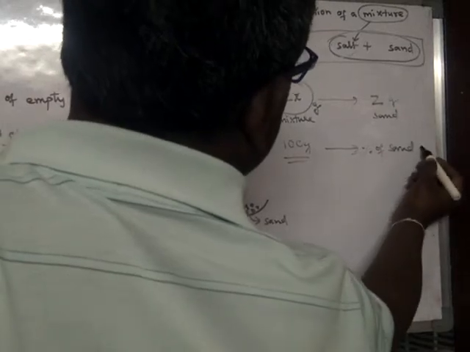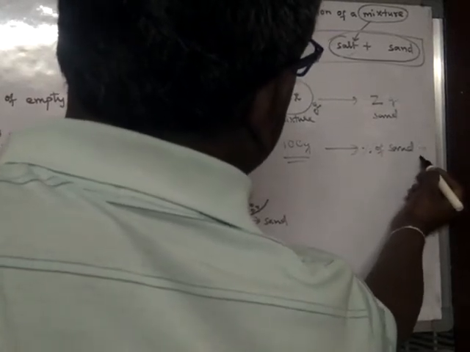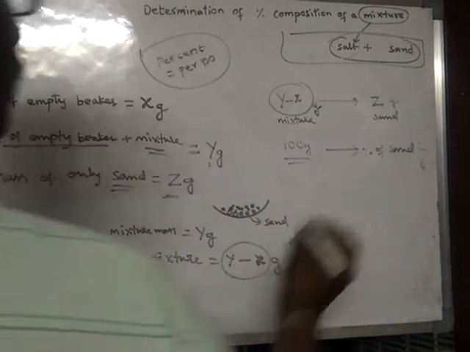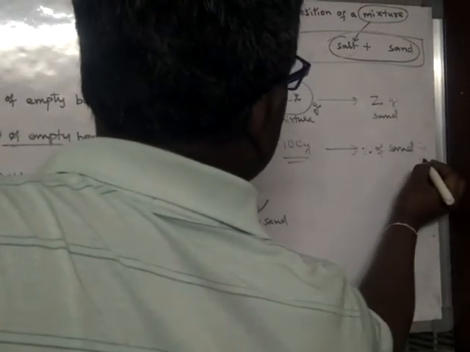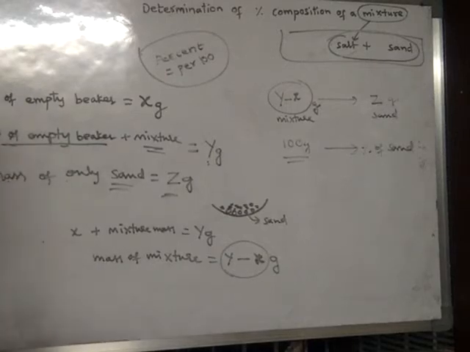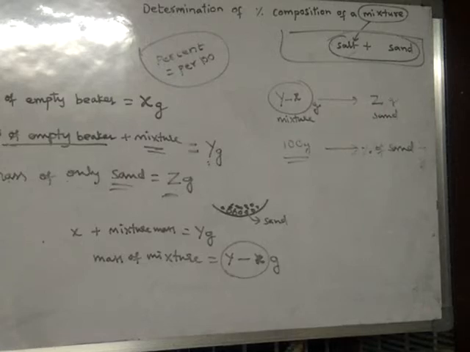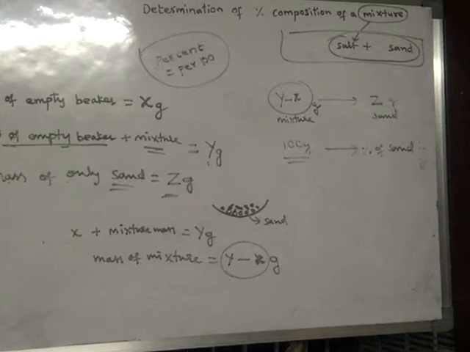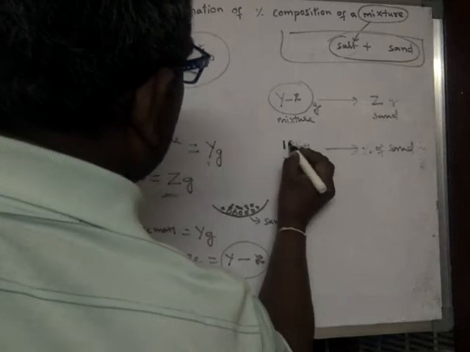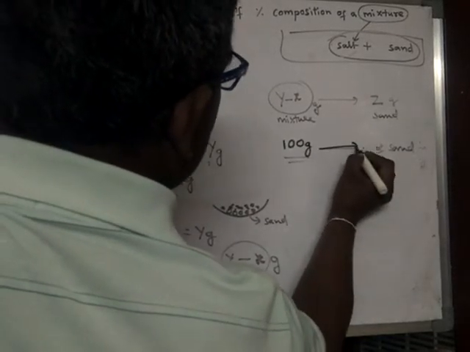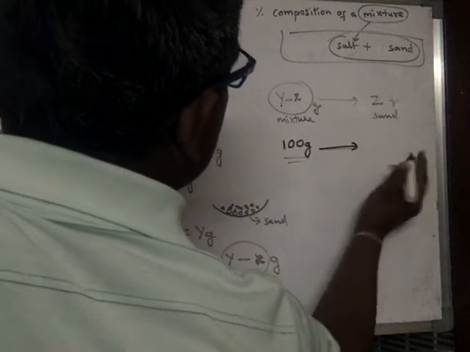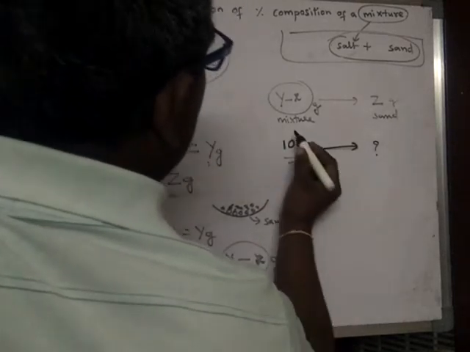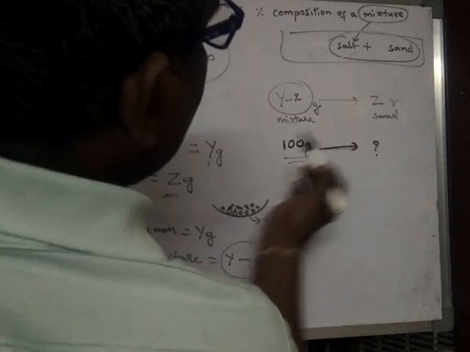So for Y minus X grams of mixture, Z grams of sand is present.